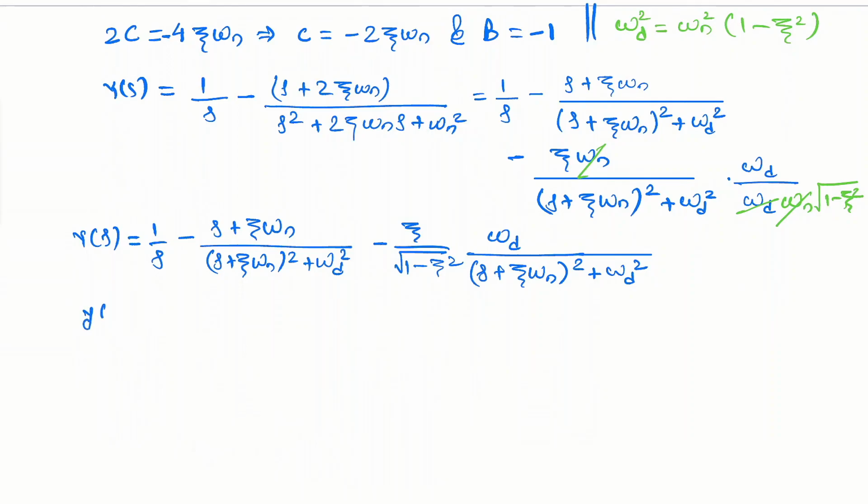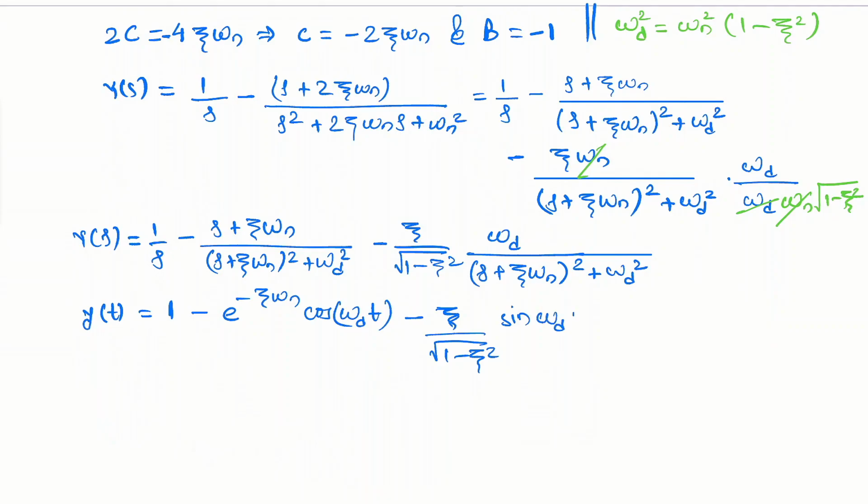So y of t is essentially 1 minus e power minus zeta omega n t, cos of omega d t, minus zeta over 1 minus zeta square, sine of omega d t.